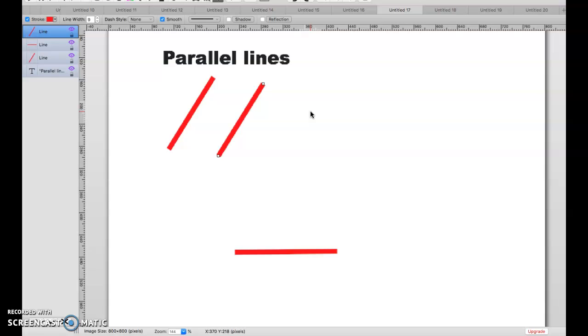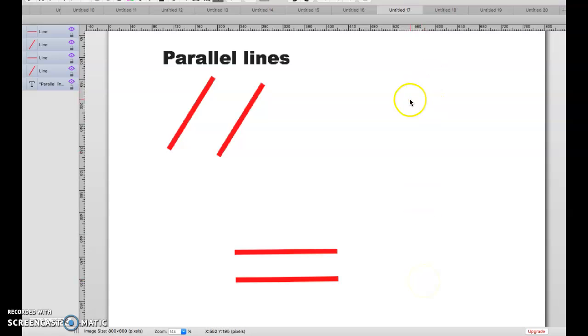Parallel lines mean that you have two lines pointing in the exact same direction. So this line is going up like that, and this line is going up like that. Here's another example. This line is totally horizontal, and this line is totally horizontal. Both lines are pointing in the exact same direction. So that's just a review of what parallel lines are.